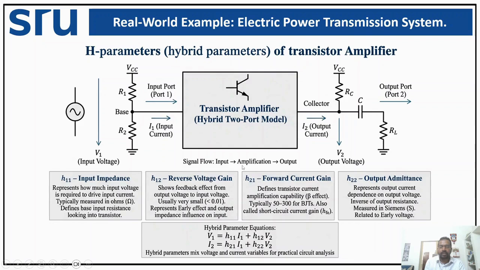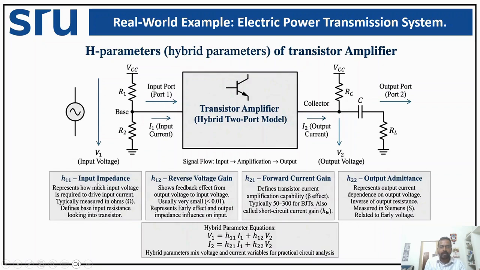This amplification occurs because a small base current controls a large collector current. So H parameters mathematically capture this behavior. What are the H parameters we have? H11, H12, H21 and H22. H11 is the input impedance.